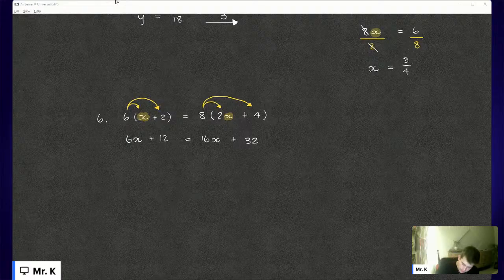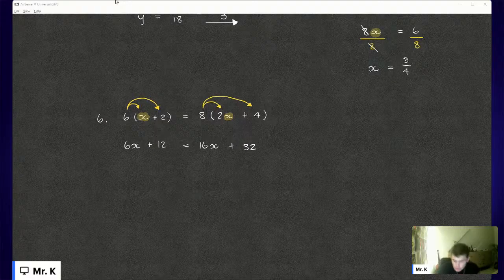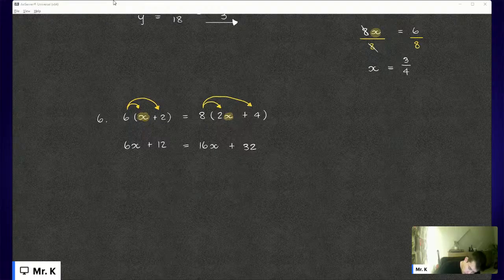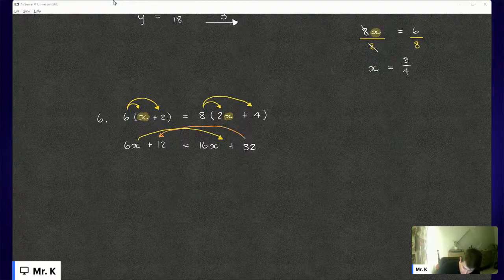All right? Now, all we have to do is rearrange things. And remember, we can move things from the left to the right or from the right to the left by simply changing the sign if we are adding or subtracting. So, in this case, I maybe want to move my 6x over to this side, right? And that would mean I must move the 32 back over to the left. How are we going to do that?